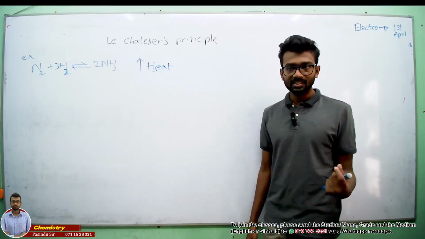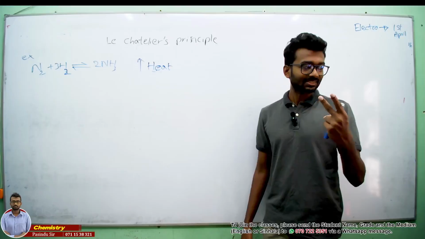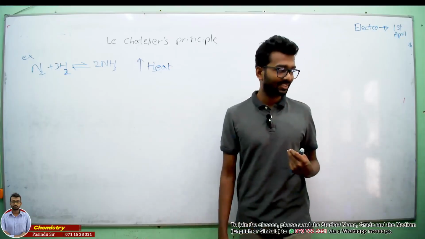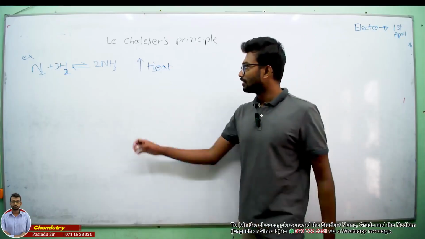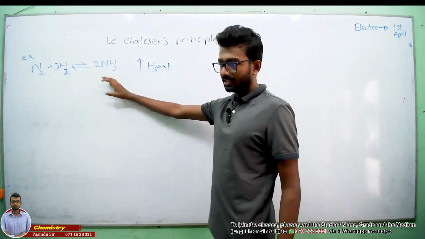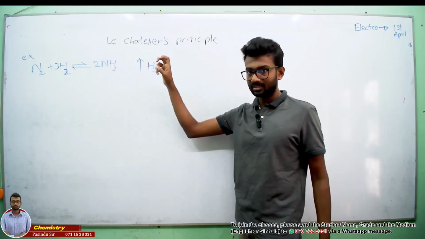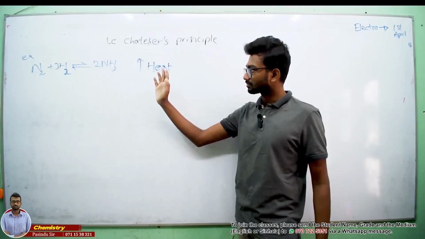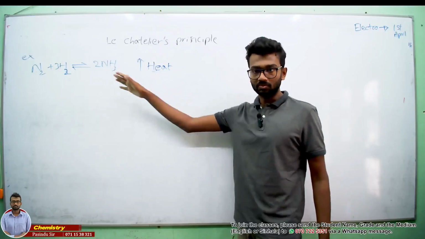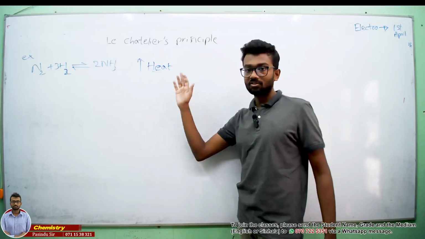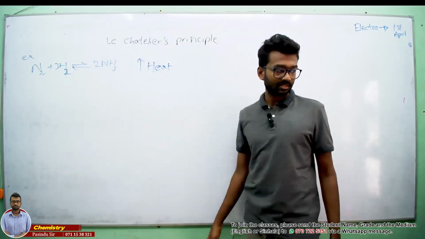Before that, I said the speed of both reactions increases, right? Don't get confused. The rates of both reactions increase, but the equilibrium goes to the side of the endothermic reaction, right?